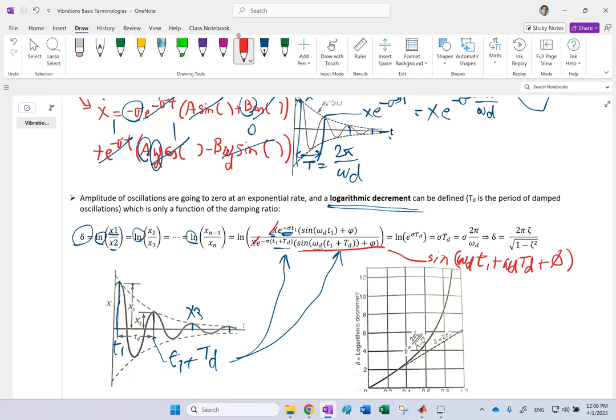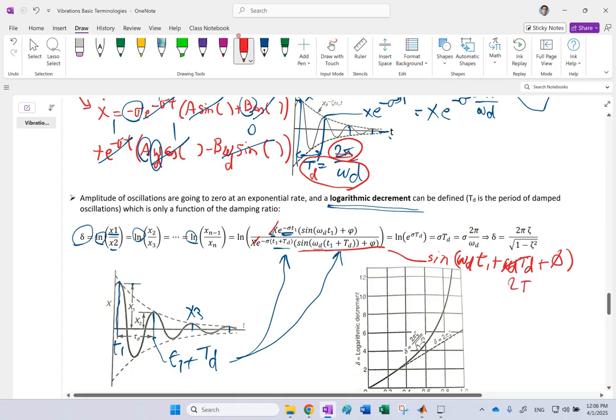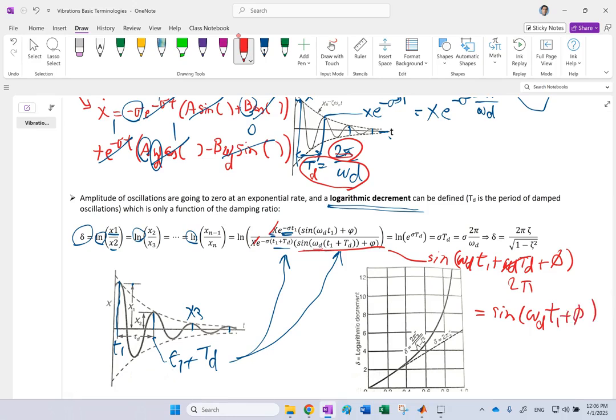Well, what is omega d td? Based on what I know, if I multiply them together, the result is 2 pi. So this guy is 2 pi. And I know if I add 2 pi to anything, the sine of it will not change. So this is the same as sine of omega d t1 plus phi. And that is exactly this guy. So these two sines would cancel as well.